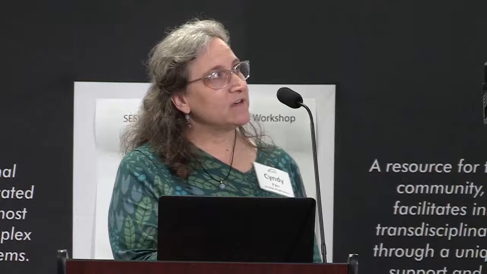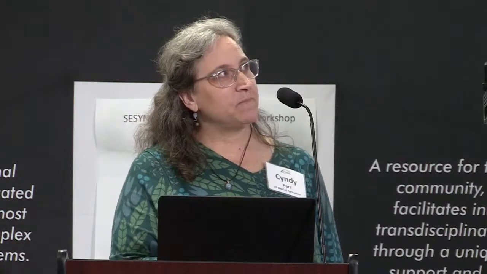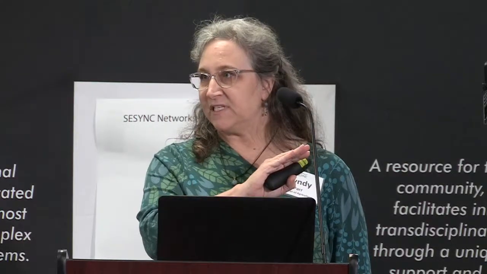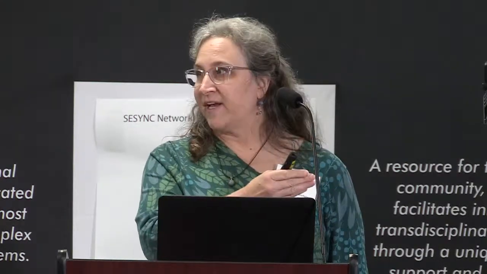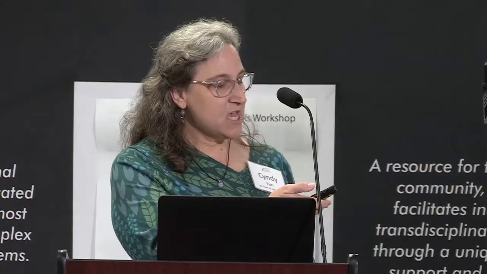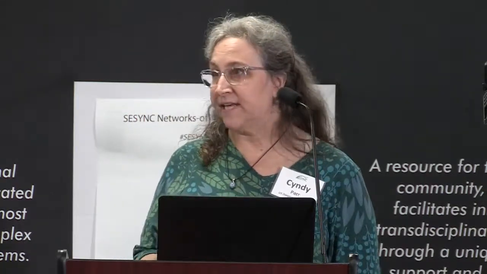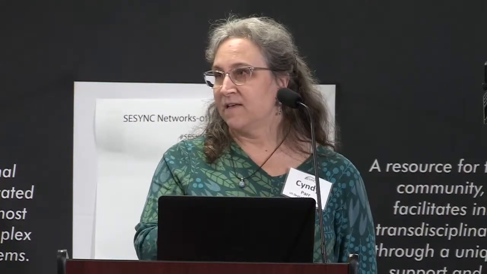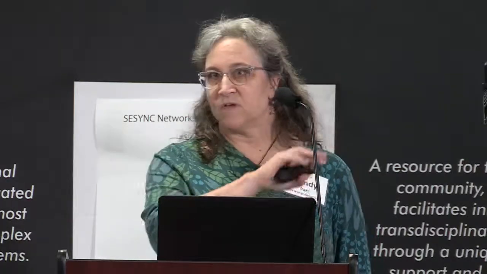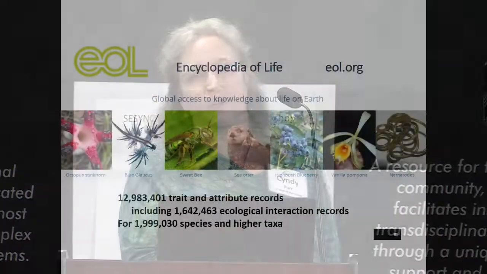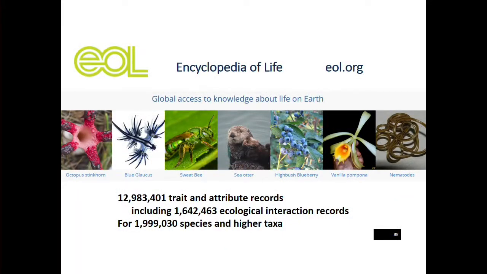And over the years that Encyclopedia of Life has been in being, they've moved from being very text and image based, so for every species on the planet there would be the information that we could get in text or images, but it's moved, in part due to some work that I did while I was there, to focusing more on capturing structured trait data. And again, this is harvested from non-standardized databases, but then brought into this collective whole and is now generally producing great science because it's been brought together in a standardized way.